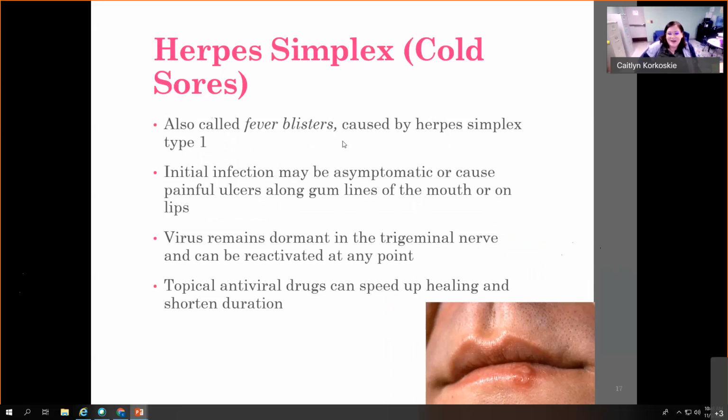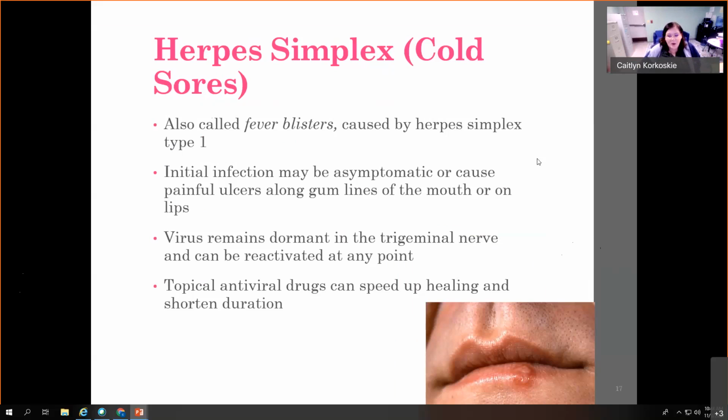Okay, so cold sores, or herpes simplex. Herpes simplex is the most common type of herpes. Sometimes they can be caused by a fever, and you might hear them referred to as fever blisters. You have herpes simplex type 1 and herpes simplex type 2.